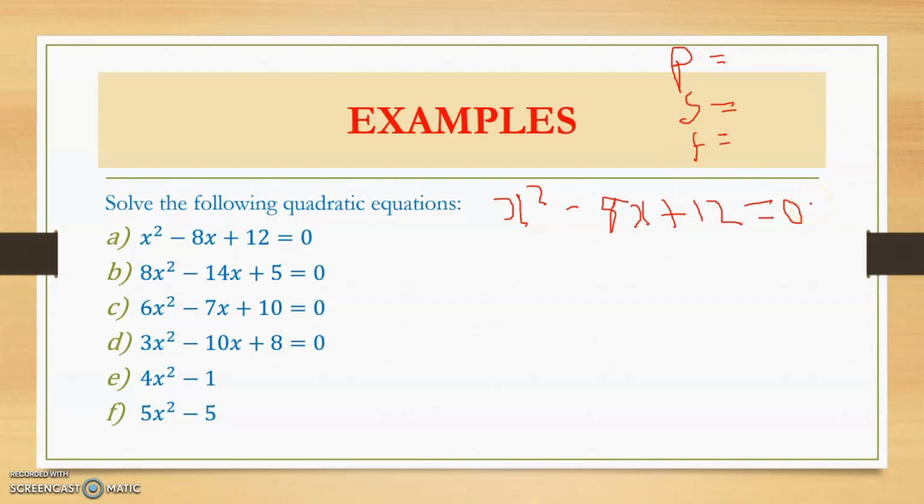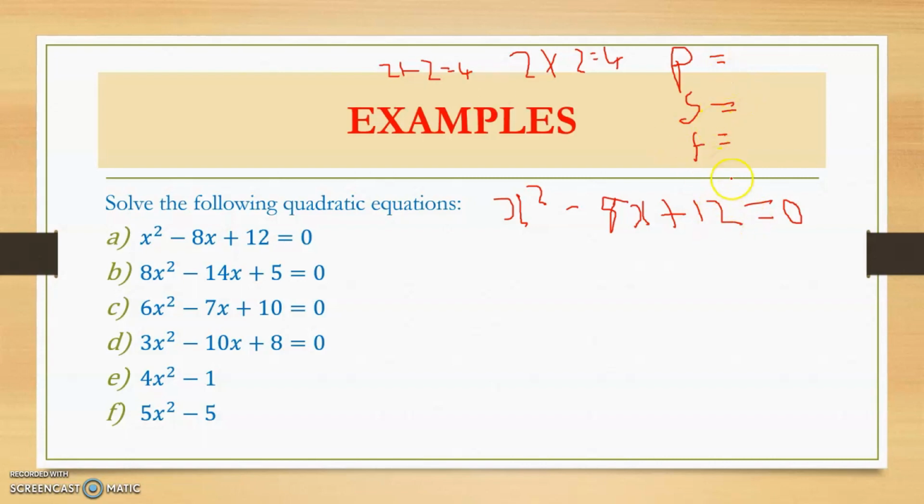So when I say the product, what I mean is the number which, if multiplied by another number, gives the answer you have by the end of the day. If you multiply 2 and 2, the answer you get is a 4. So this 4 is actually the product. Then if you add 2 and 2, the answer is 4. The answer that you get after adding two numbers is what we call the sum.